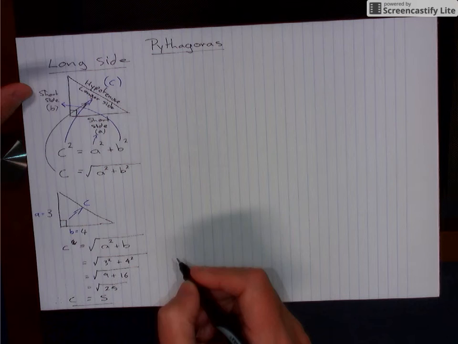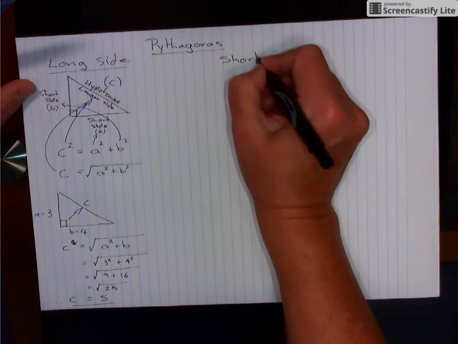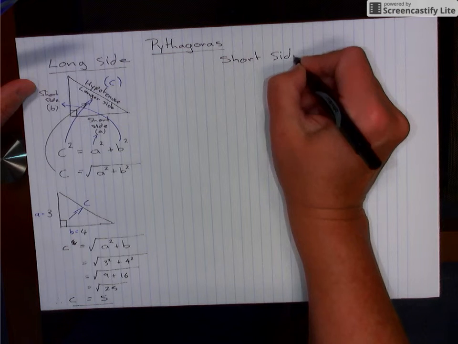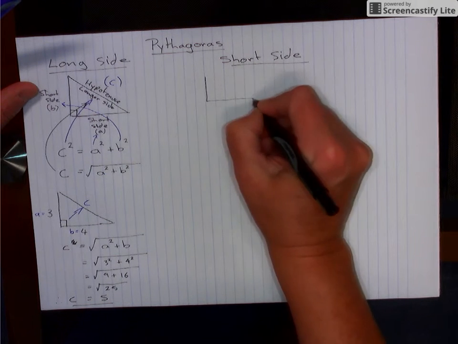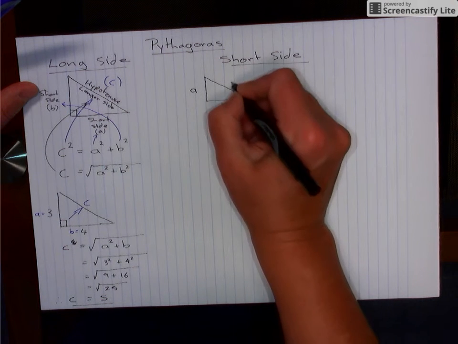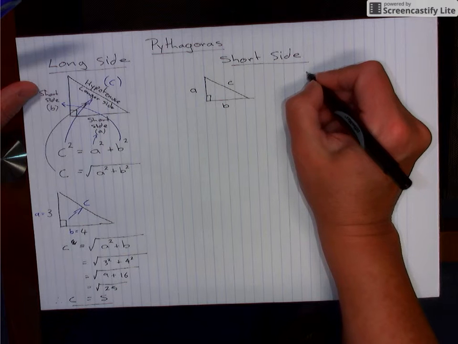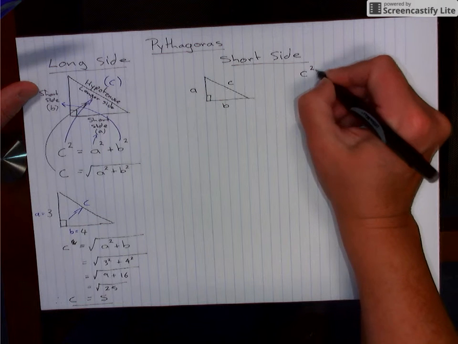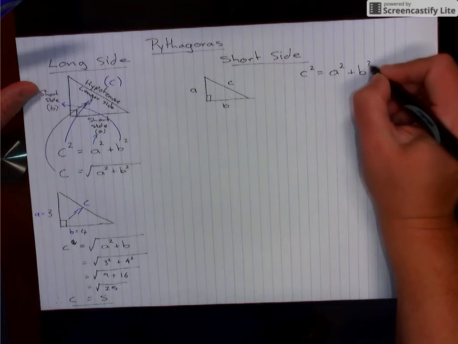Okay, the hypotenuse. If we want to find the shorter side, we need to rearrange the equation. So given our triangle, where this side is A, and this side is B, and this side is C, our equation is c squared equals a squared plus b squared.